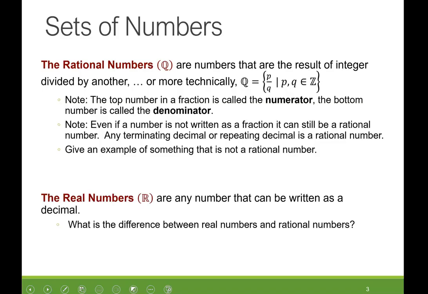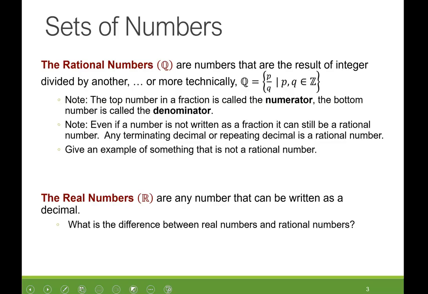And then our final class of numbers that we'll talk about are the real numbers. What are the real numbers? Anything you can write as a decimal. What kinds of things can't you write as a decimal? Things with i's in them. Right? The imaginaries.